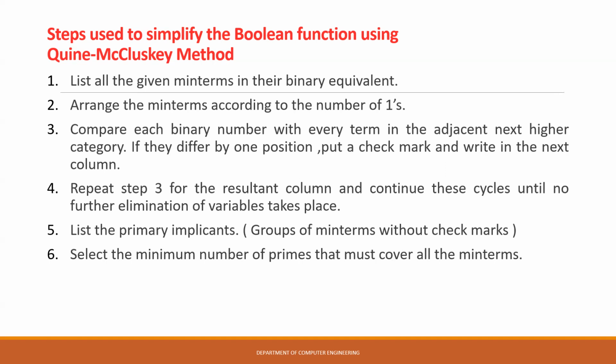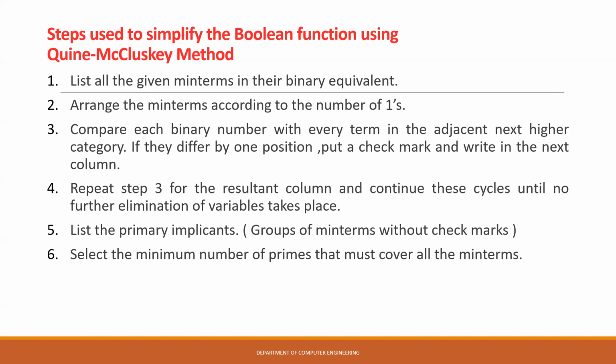If they differ by only one position, then put a check mark and write it in the next column. Then repeat this step 3 for the resultant column and continue these cycles until no further elimination of variables takes place. Next, we have to list the prime implicants, that is, the groups of minterms without check marks.